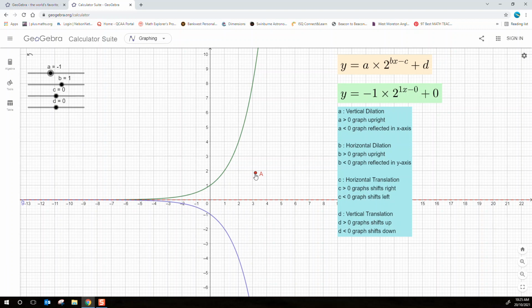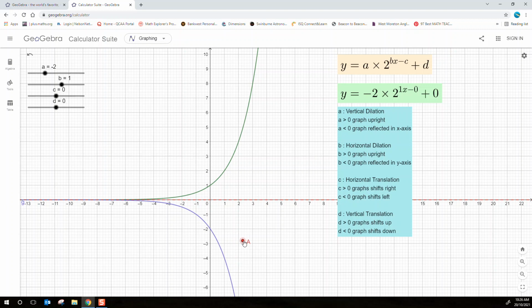Now, whereas the y value used to be +1, it's now -1. This y value used to be +2, it's now -2, and so on. Now that's a pure reflection, but of course, if a gets to be, say, -2, then I'm reflecting, but I'm also stretching. So what was +1 becomes -2. What was +2 becomes -4.